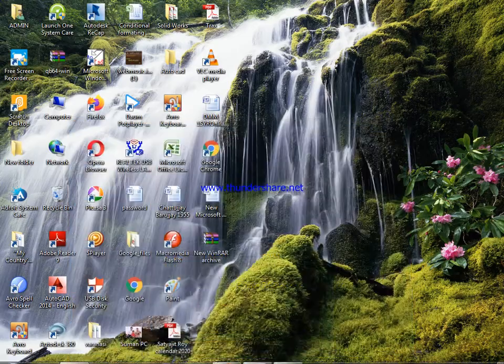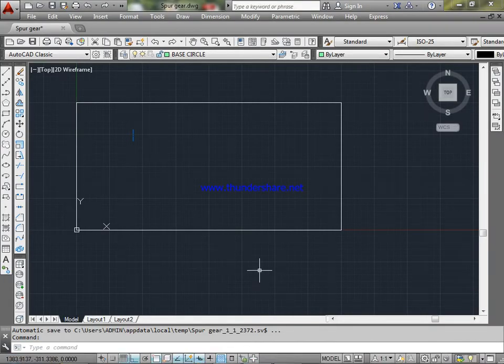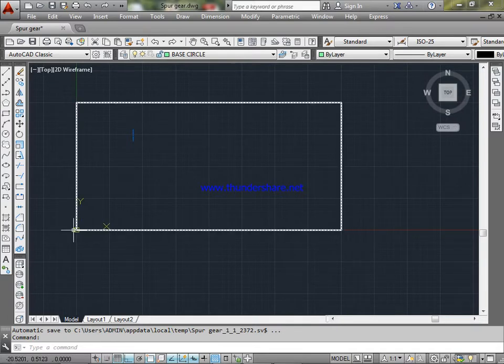Now we should try how to draw the involute teeth of spur gear in AutoCAD software. This is the drawing sheet or drawing area.